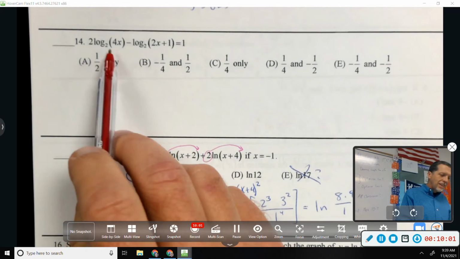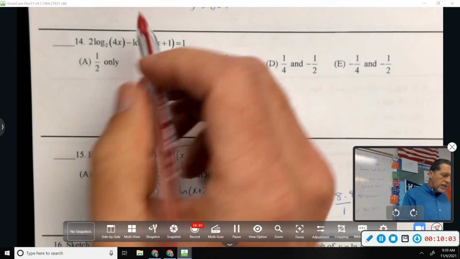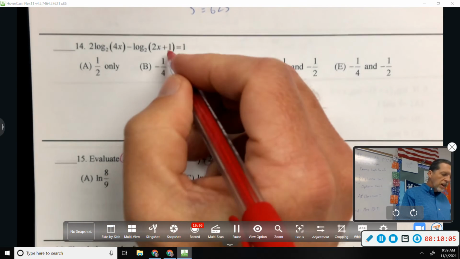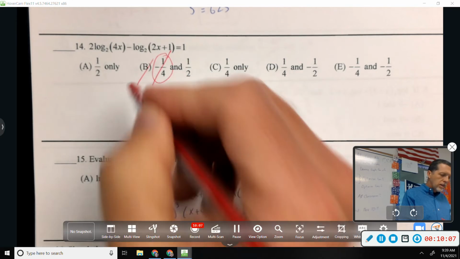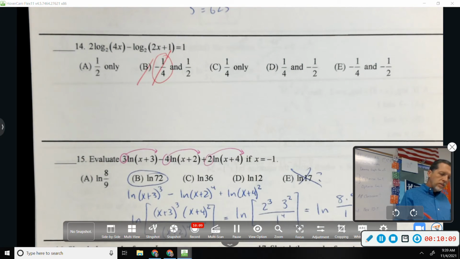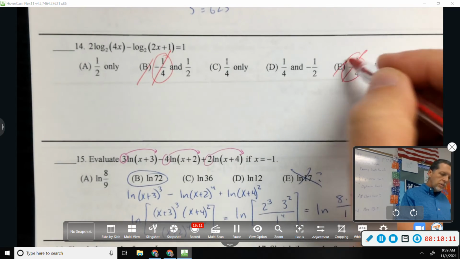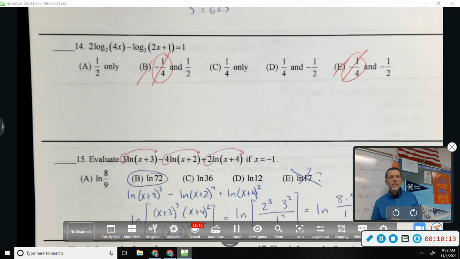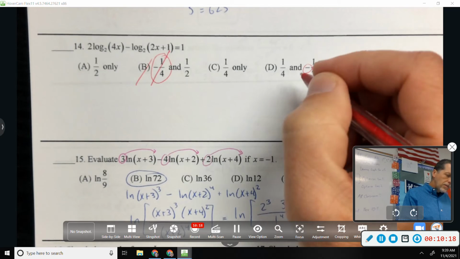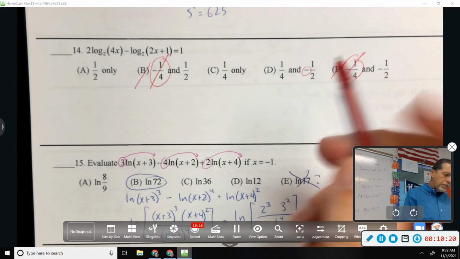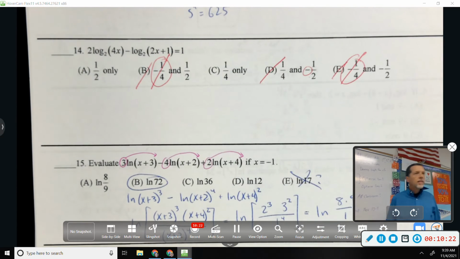Like I can't take the log of a negative number. 4 times negative 1/4 would not work. So that would be out. And same with E. So I've already got it narrowed down here. Oh, yep, D's got a negative in it too. And 4 times negative 1/2 would be negative, so D's out. So, goodness, 50-50 shot, even if I don't really know how to solve the problem.